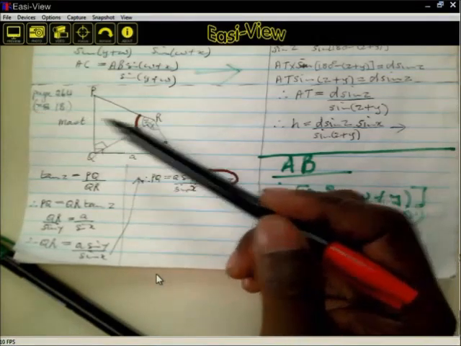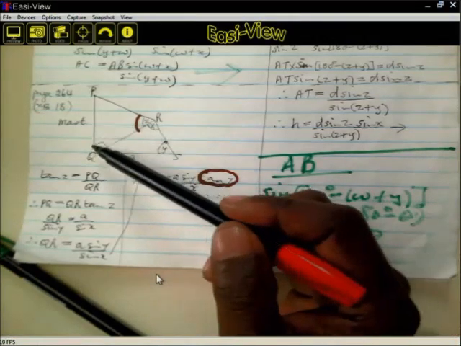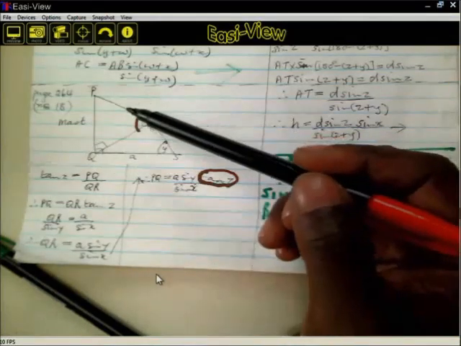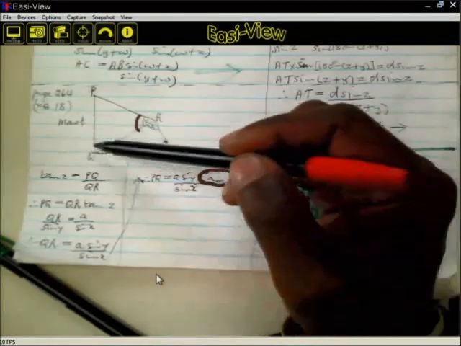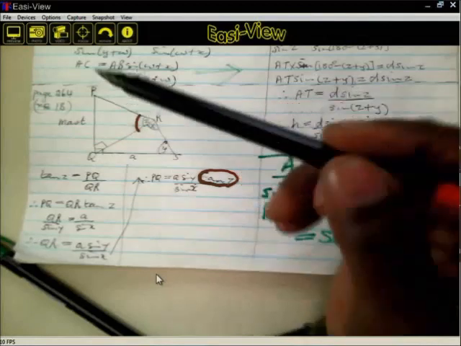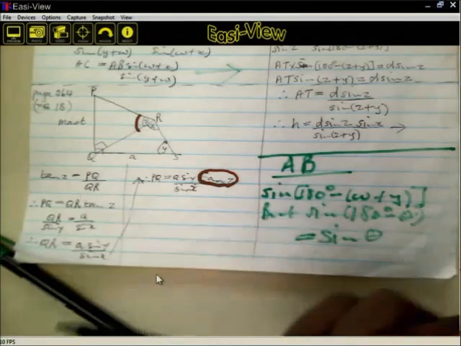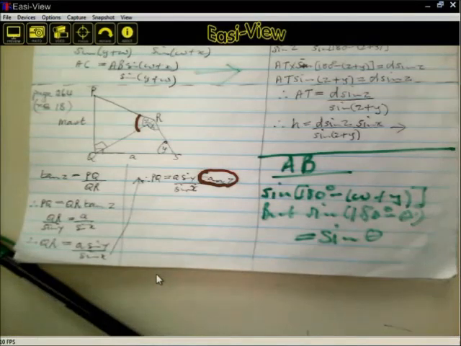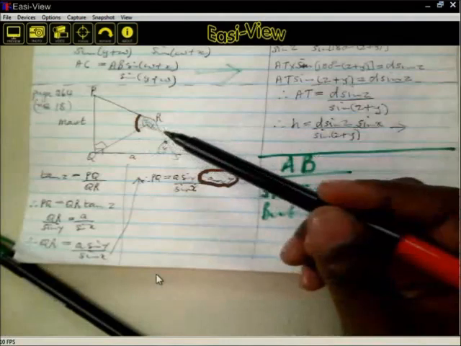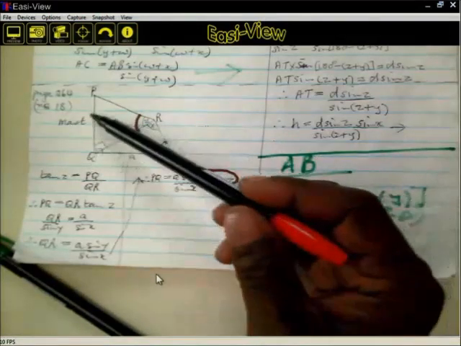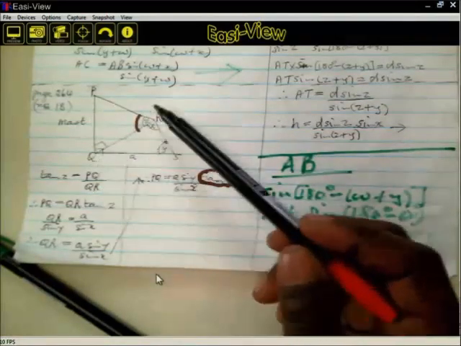Therefore, tan z is opposite over hypotenuse. In this case, your hypotenuse will be opposite the right angle. Or rather, not over hypotenuse. Tan is opposite over adjacent. So it is PQ over QR.